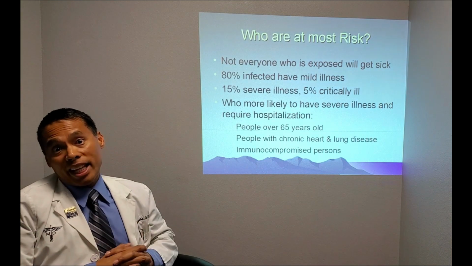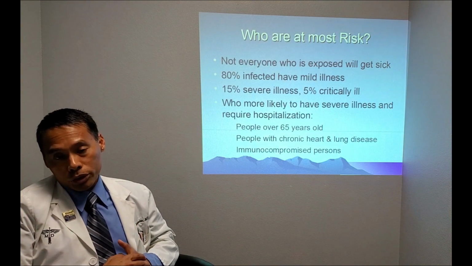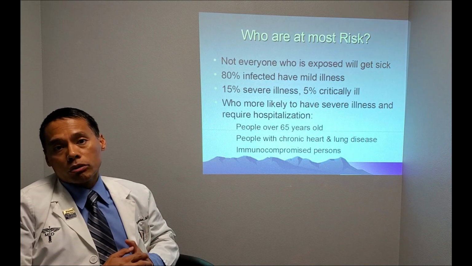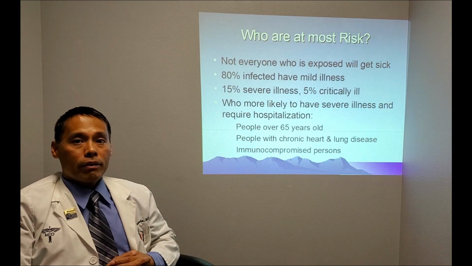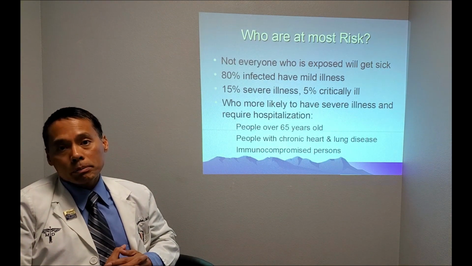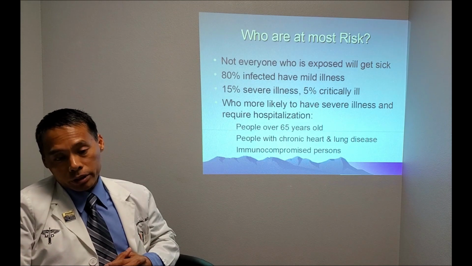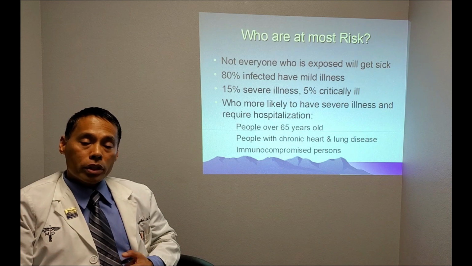Number one, age. If you're 65 years or older, it's been shown that if you have COVID-19, you are going to have a higher probability of having a severe illness. Next, individuals with chronic health conditions.